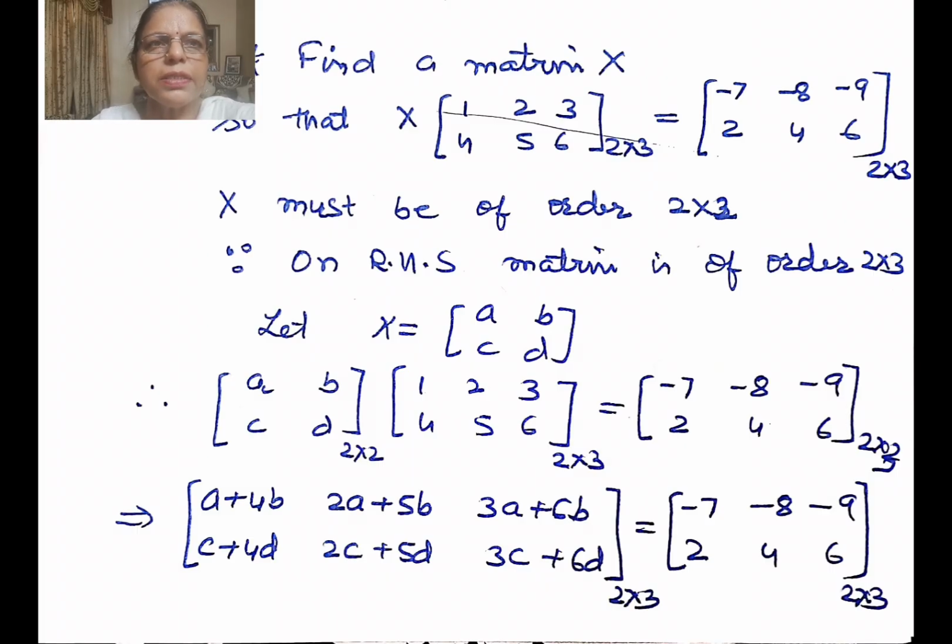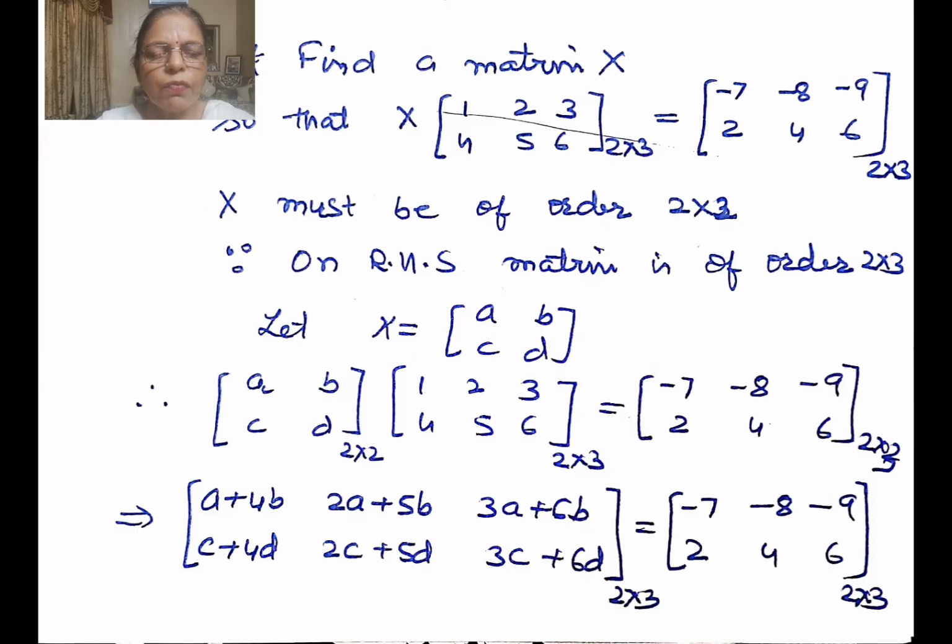So X is equal to [A B; C D]. Now [A B; C D] into [1 2 3; 4 5 6] is equal to [-7 -8 -9; 2 4 6]. Multiplying the matrices, we get [A + 4B, 2A + 5B, 3A + 6B; C + 4D, 2C + 5D, 3C + 6D], that is equal to [-7 -8 -9; 2 4 6].